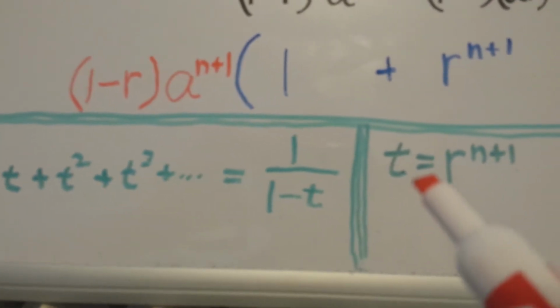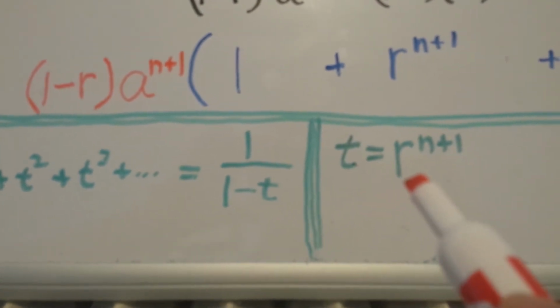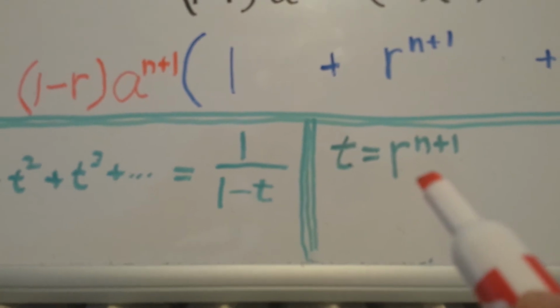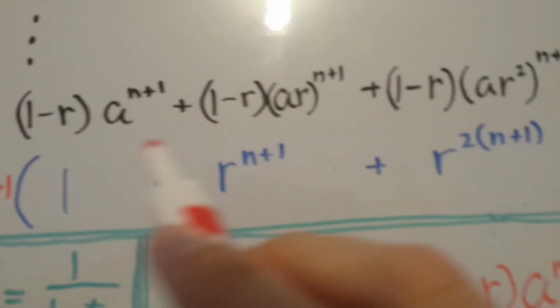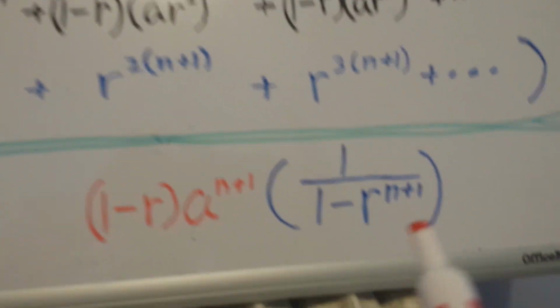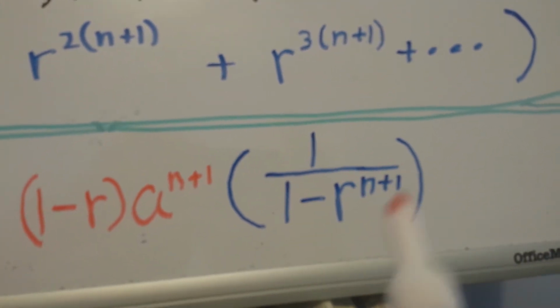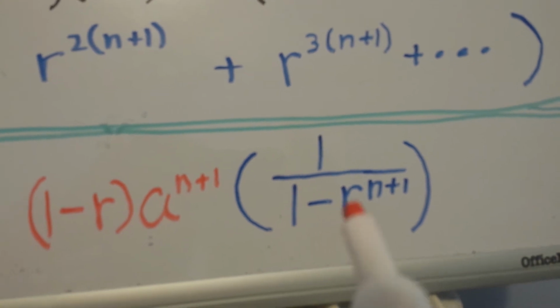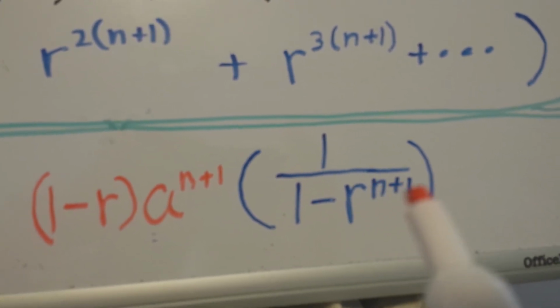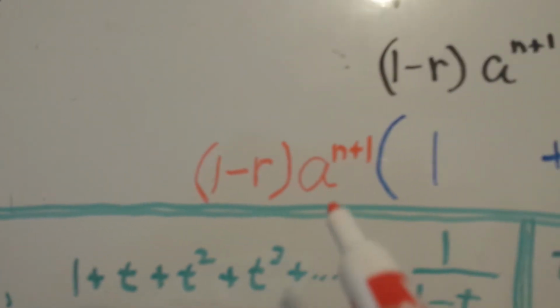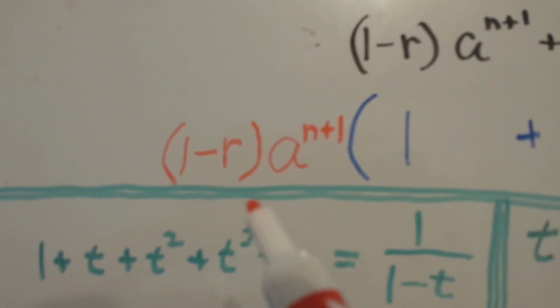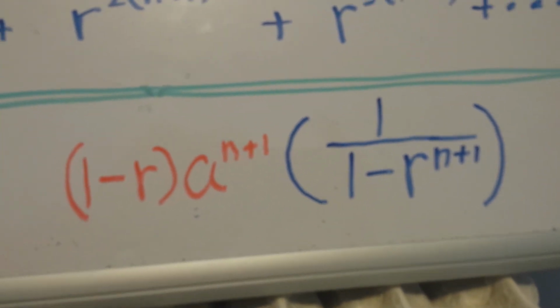So if we replace t with r to the power of n plus 1, then this sum will become 1 over 1 minus r to the power of n plus 1. And of course, this was all multiplied by this, so we're going to bring down the 1 minus r times a to the n plus 1. And now we have this.